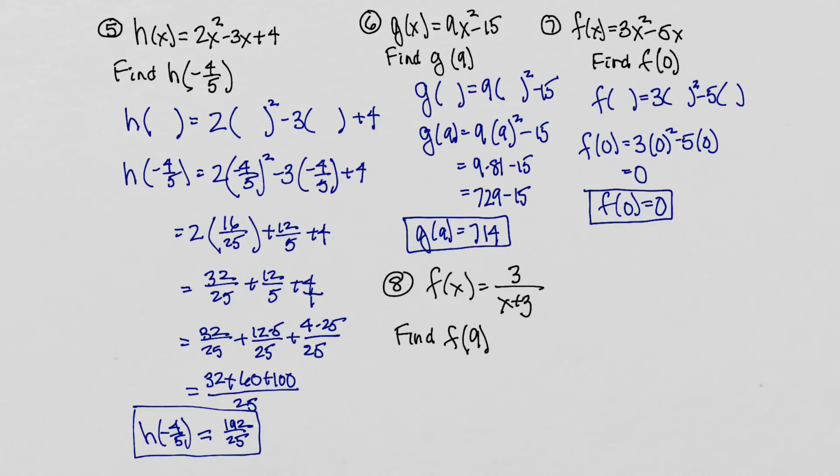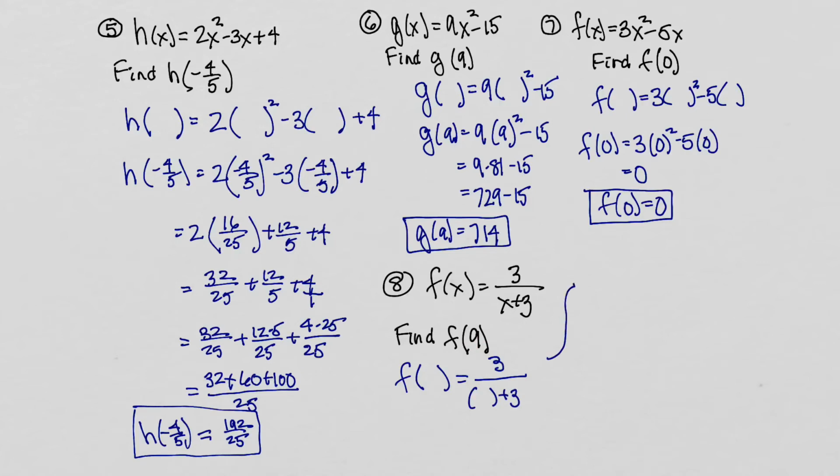So we're going to take a look at number 8 and do just what we did in the previous problems. We have the function is equal to, the output is produced using this set of instructions. 3 divided by the input, plus 3. So let's give it a try here. So we'll write f, and there's the x, so open parentheses, equals 3 over, open parentheses, plus 3. Now in the parentheses, we are going to put the 9 here and here.